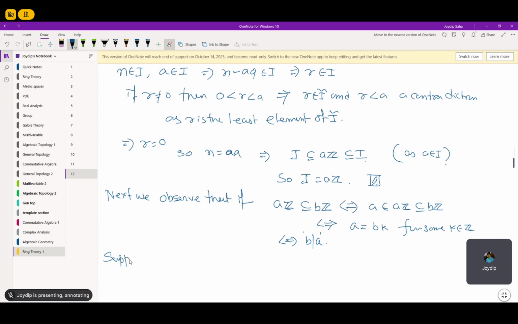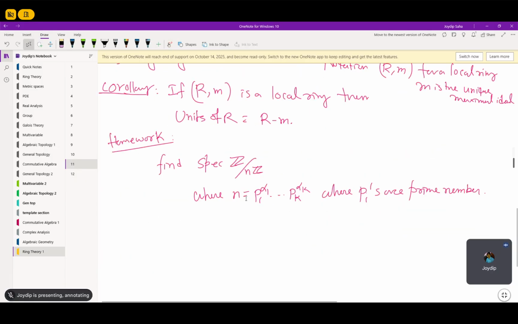Suppose n is p1 to the power alpha 1, p2 to the power alpha 2, up to pk to the power alpha k, the prime numbers.